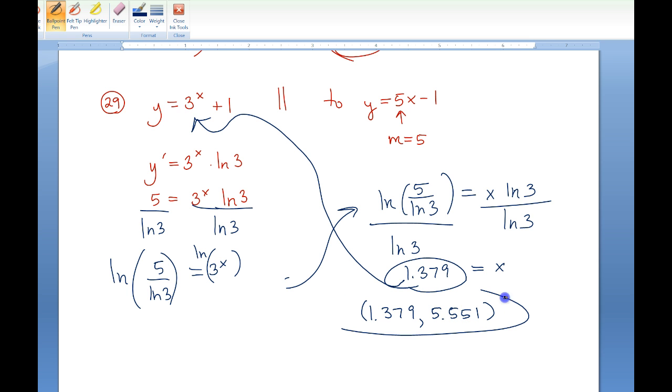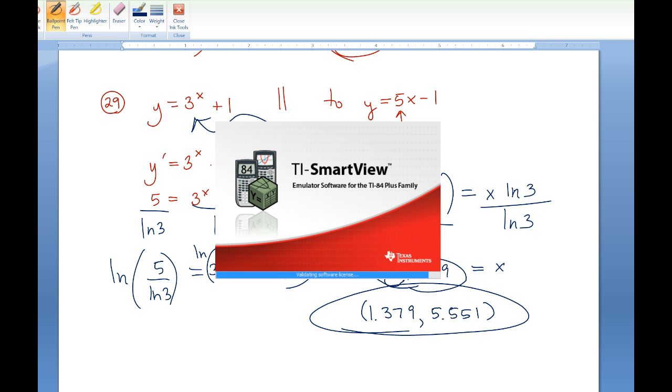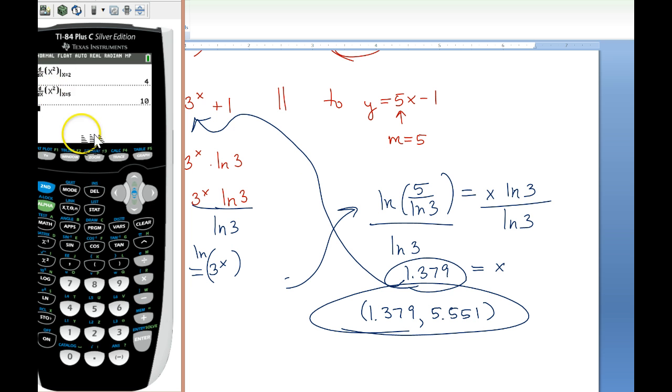Well, not when you plug it in like that, you get something like 3.499. But if you don't round and then plug it back in, you get 5. The book gave you an answer as if they didn't round, even though they usually do.